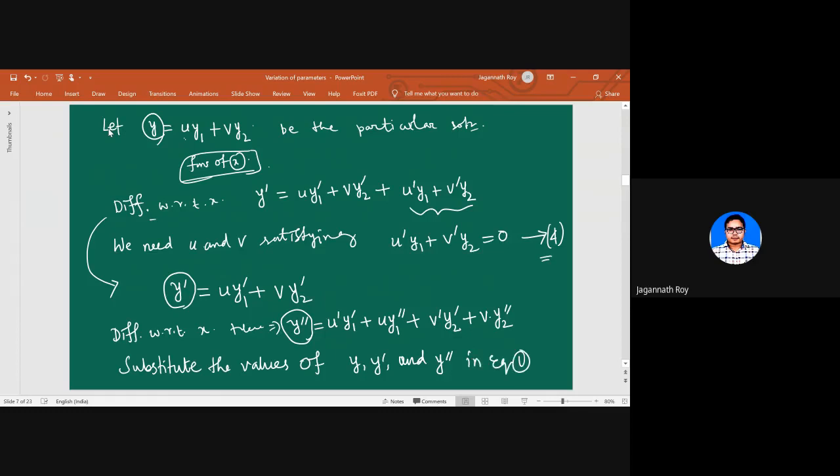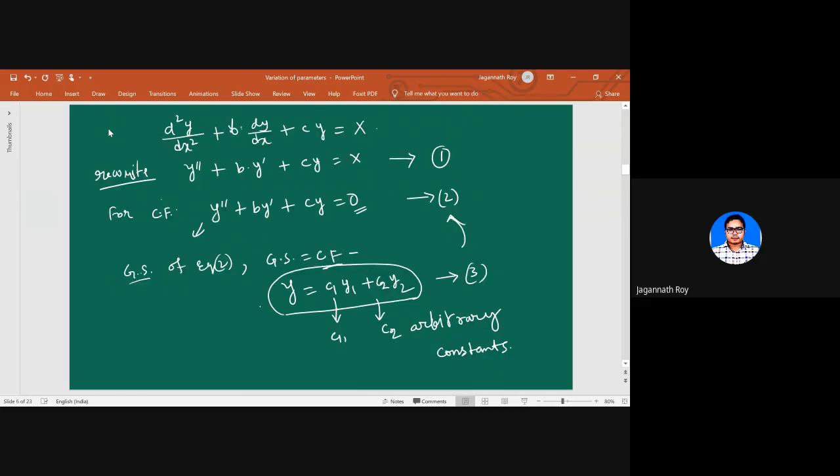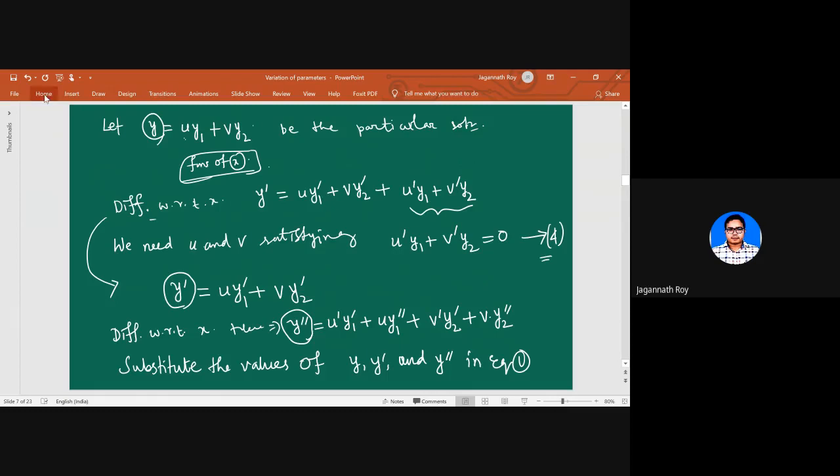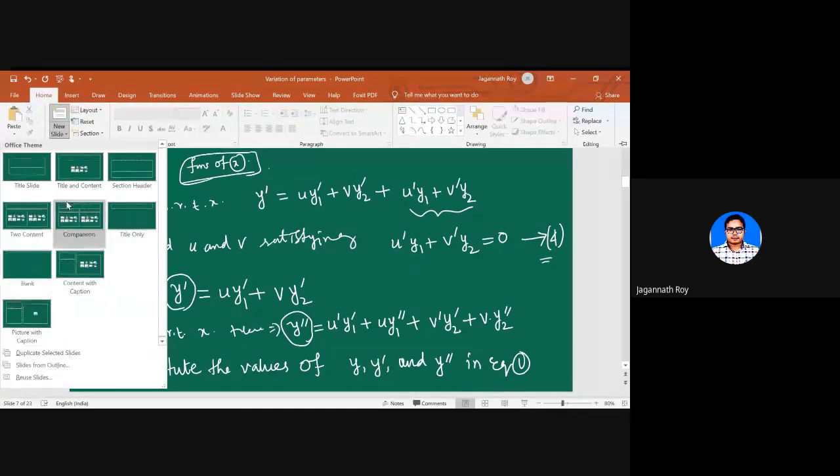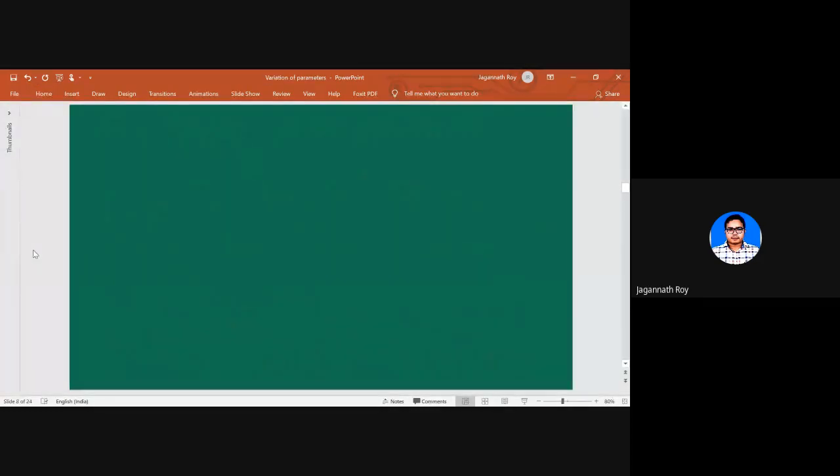equation 1. So what is our equation 1? This one: y double dash plus b into y dash plus c into y equals x.